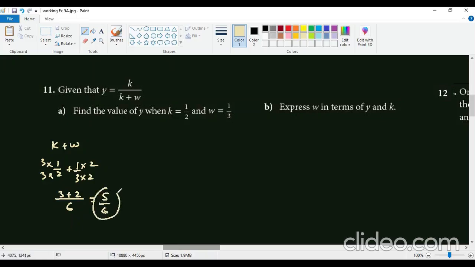So we know very well that k plus w is 5 over 6. That means the value of k is 1 over 2 divided by 5 over 6. That means 1 over 2 multiplied by 6 over 5. That means 6 over 10, which is equal to, 2 times 3 is 6 and 2 times 5 is 10, 3 over 5 is going to be your final answer.